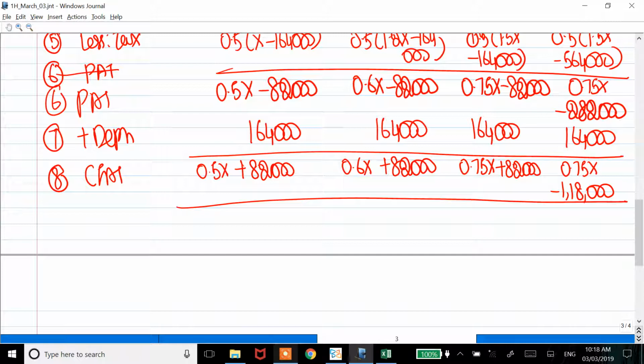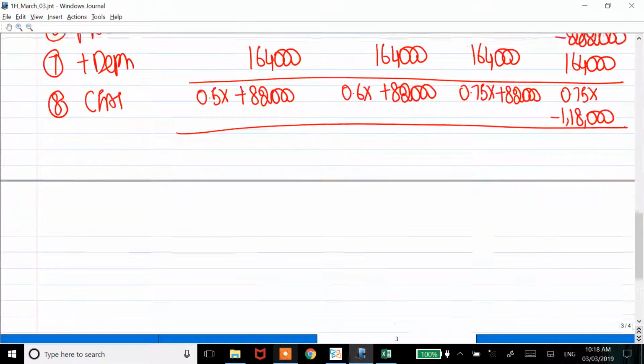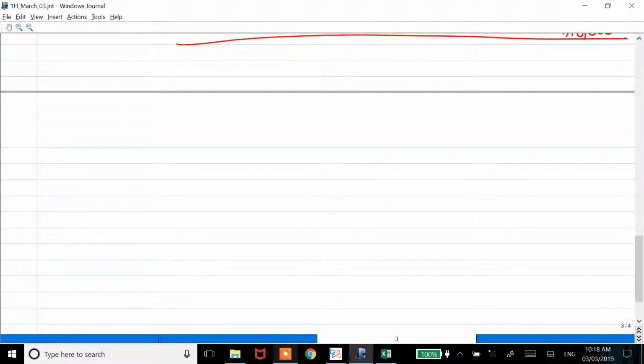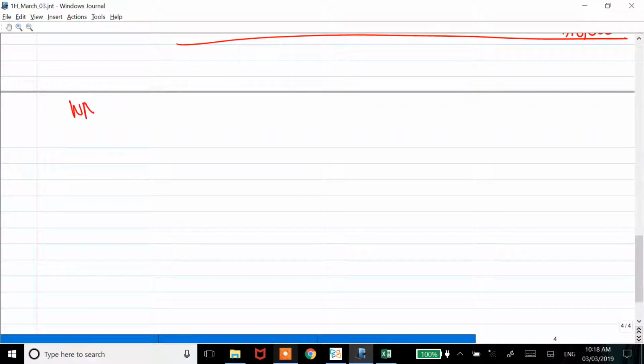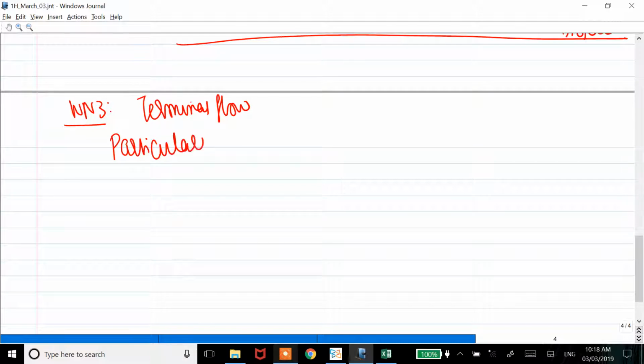Any doubts on this? Clear? Can you proceed? Working note 3, terminal flow. Particulars and amount.